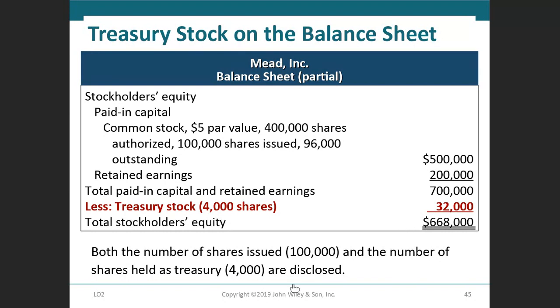Right? So both numbers are disclosed, the authorized, the issued, and the outstanding, and then here the number of treasury stocks that you purchased. So this is all reported on the face of the balance sheet so that it is clear to the reader what happened to the stocks, how many were sold, how many were purchased back, etc.